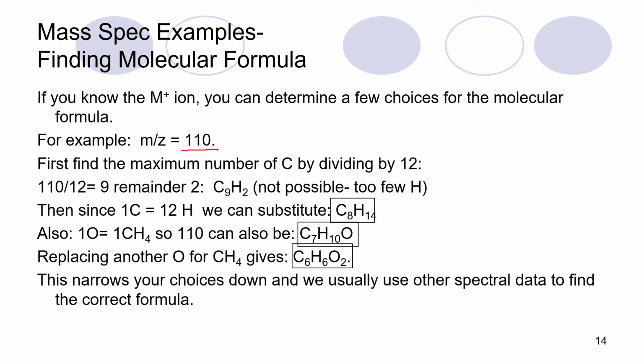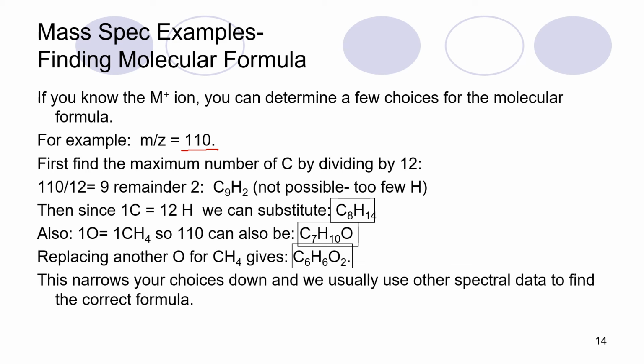So if I do that, I get 9. 12, why 12? Because that's how many carbons. So what is the maximum number of carbons I might have in this compound? Well, 110 divided by 12 is 9, remainder 2. So that would mean a formula C9H2, because the 2 extras would have to be hydrogen.